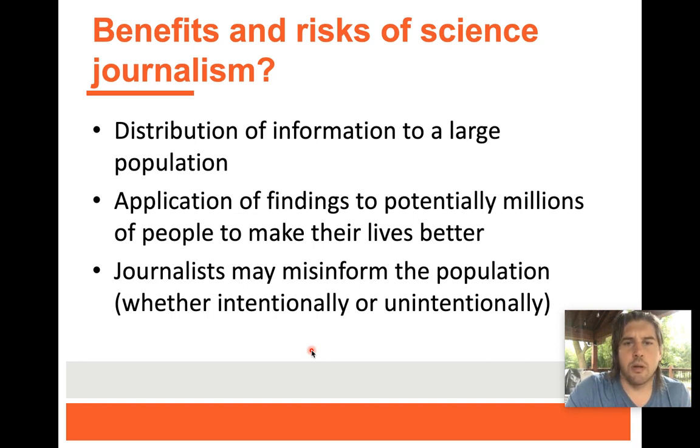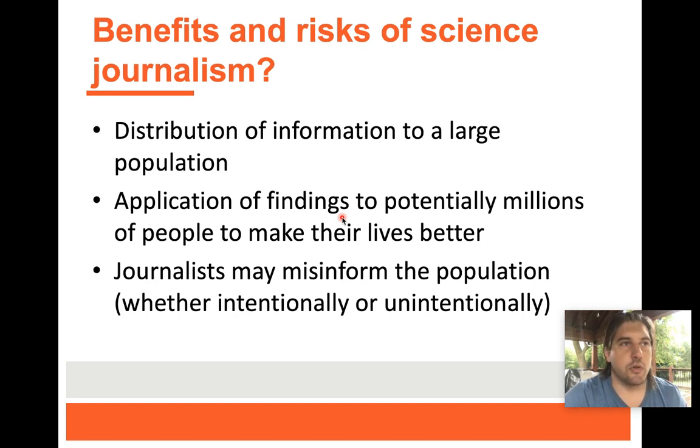And that's important because science journalism has some substantial risks and benefits, right? The risks are misinforming the public. The benefits are that we get to distribute information to a large population, that the distribution of this information might actually help us apply these findings to help better the lives of millions of people.